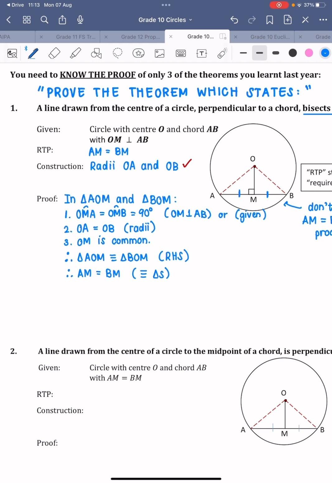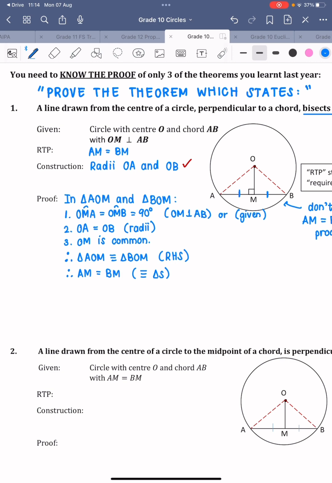Right, only then are you going to write this down. If it's just a question and you need to use the theorem, you just use it like we've done in the worksheet already. Alright, are we okay with that?